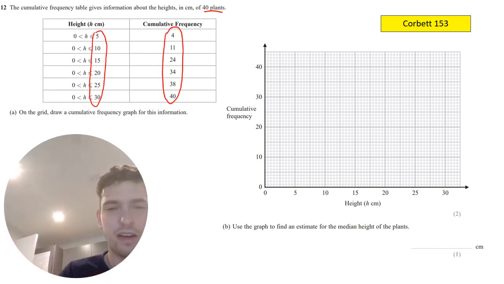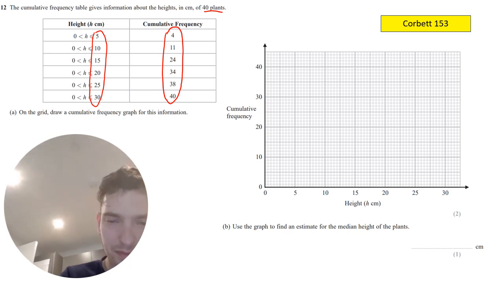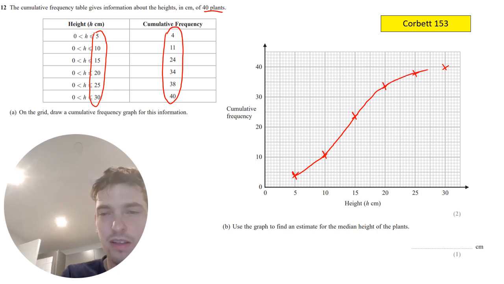My first one is 5 and 4. Should be nice and straightforward to plot these: 10 and 11, 15 and 24, 20 and 34, 25 and 38, and 30 and 40. And a nice smooth curve between all of the points.